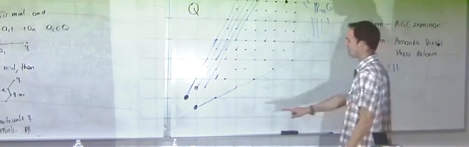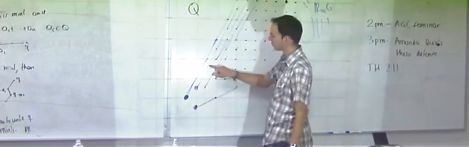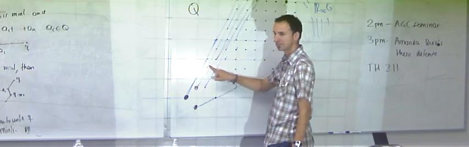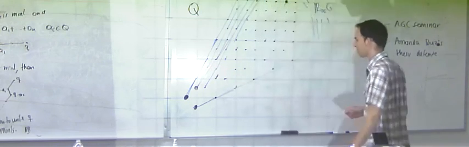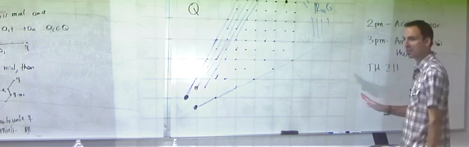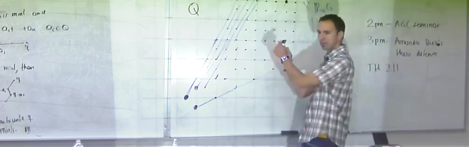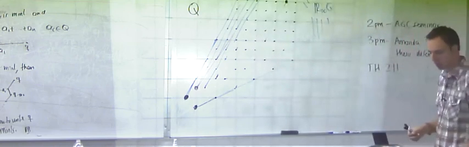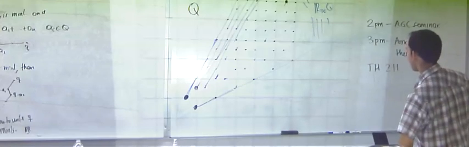Because this is brown plus blue. I mean, it's really a very delicate picture, right? And that's why I wanted to actually come and draw it with a grid, and even then it's a little bit hard to see. But it is true that if you take 2 points here and you add them, you're not going to leave this cone. Okay.